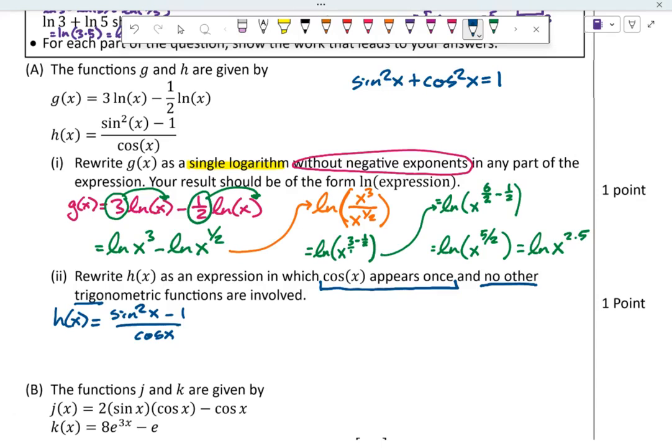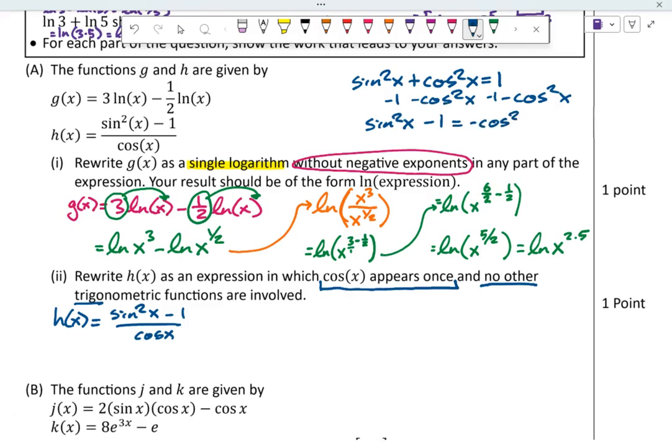What would I have to do with that identity? All right, so let's try subtracting the cosine. And you said subtract the 1. Can we do it at the same time? Are you guys good with that? So that would be sine squared minus 1 equals what?